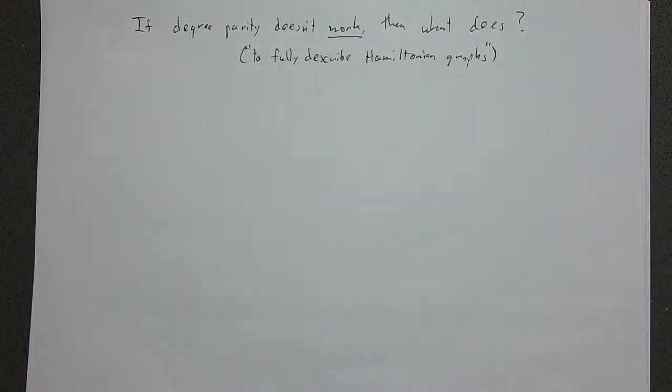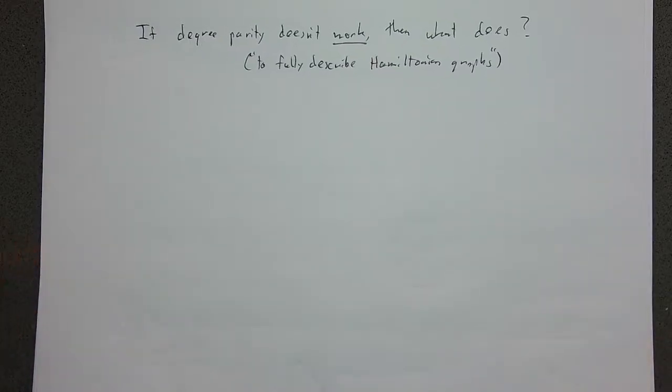In the same way that for Eulerian graphs, all the degrees of all the vertices have to be even. That's very restrictive. The question is, is there a similar thing that we can come up with for Hamiltonian graphs that fully describes them in the same way? But we know it can't be degree parity because we've now seen too many examples where it can just be whatever. The degree parity can be whatever in both Hamiltonian and non-Hamiltonian graphs.